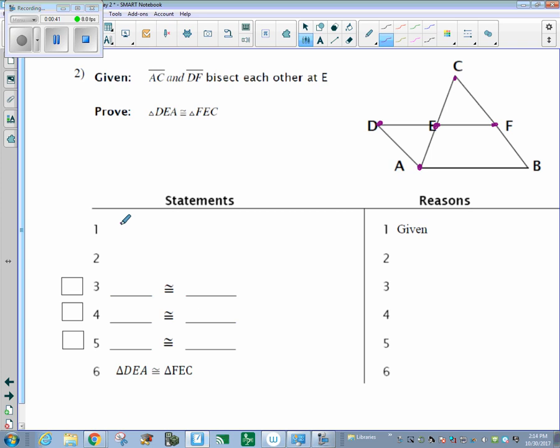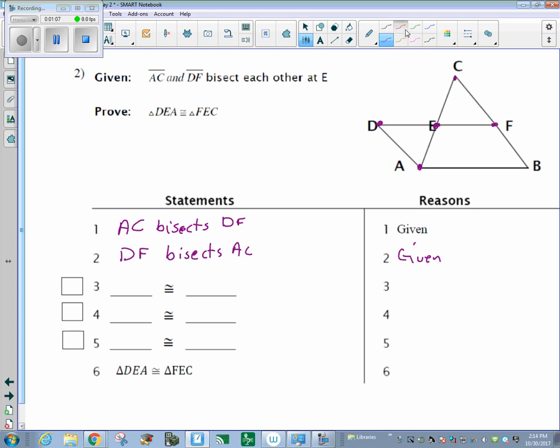And so we're going to say that AC bisects DF. And we're going to say that DF bisects AC. That was given to us. So now we're going to go in and get the pieces that we need to prove congruent to each other.